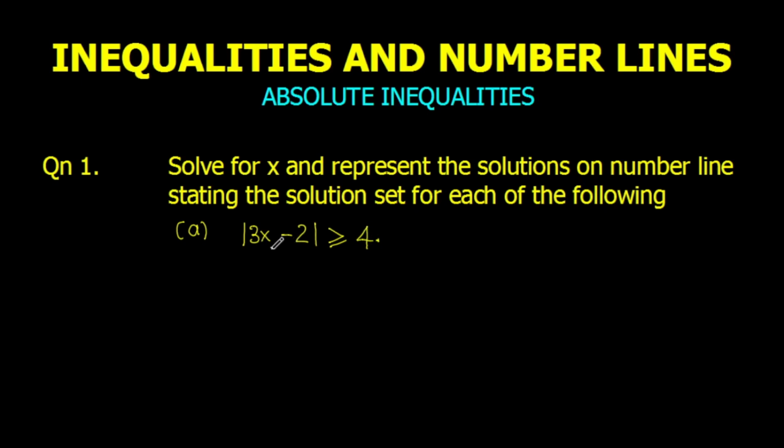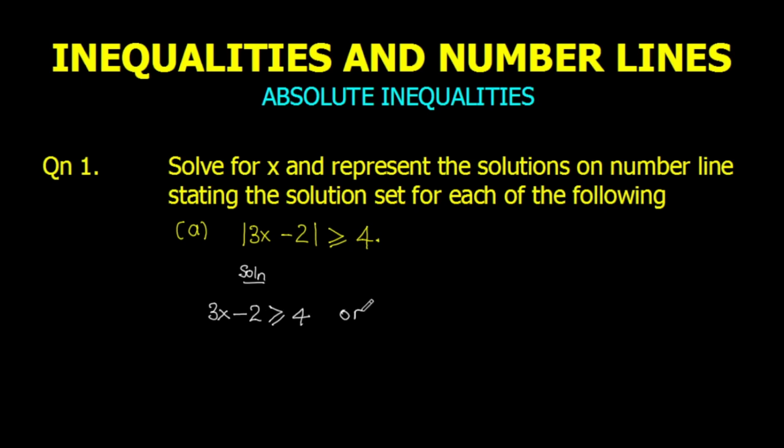Now we have 2 approaches. The first one is we have to just get what is inside these bars, and that is 3x minus 2. Then we get our inequality sign, for our case here is greater than or equals to 4.